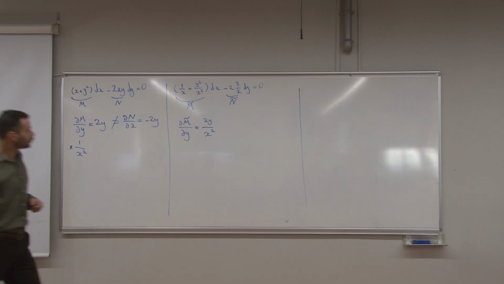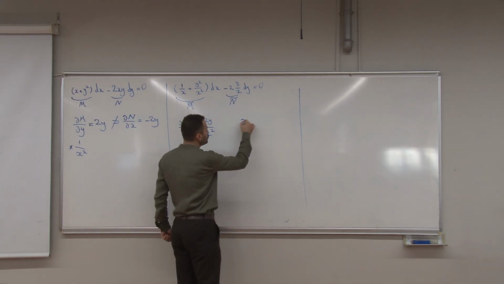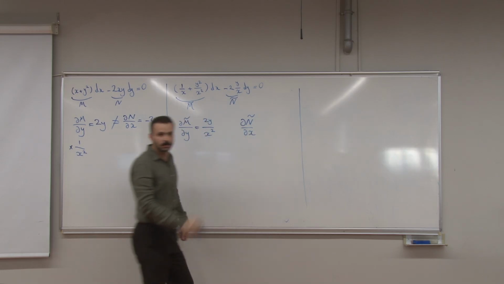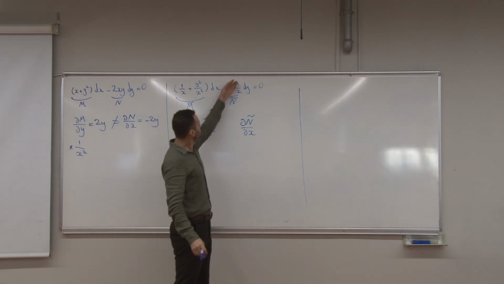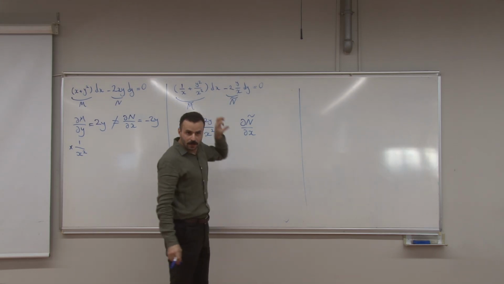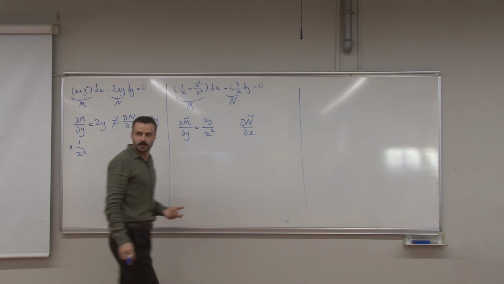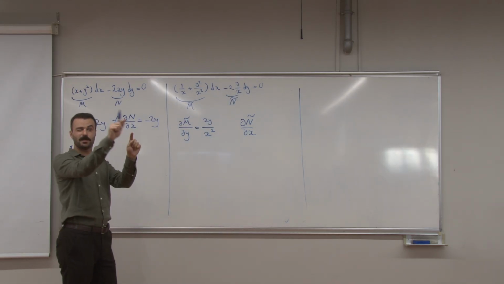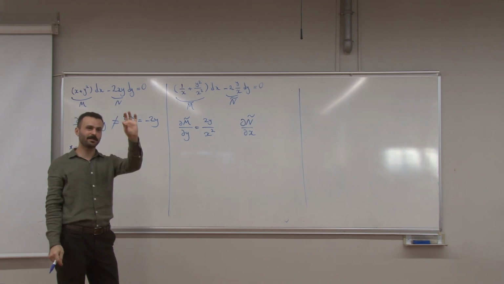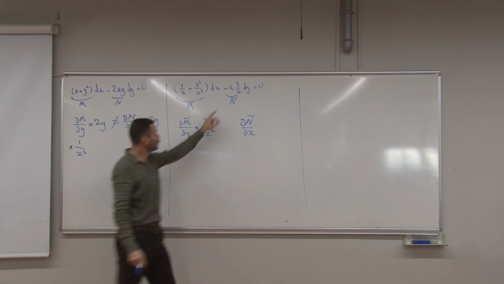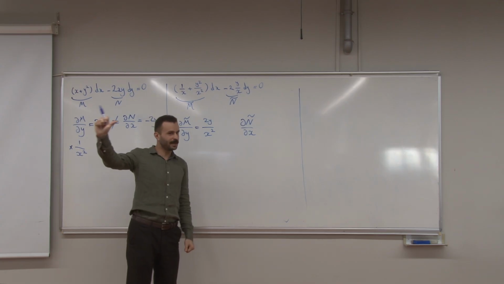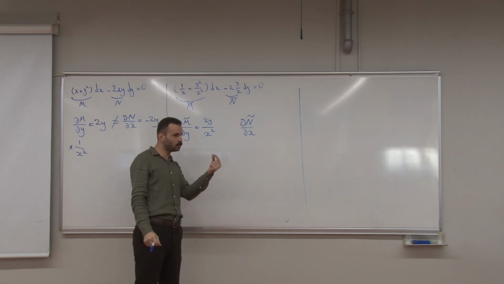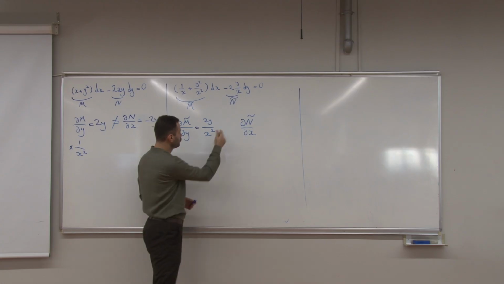Right? What is partial of n tilde over partial of x? This minus 2y, you keep it. What is the derivative of 1 over x? This x to the power of minus 1, its derivative, right? So that minus 1 is going to come as coefficient. So this is going to be plus. And we make minus 1 minus 1. So it's going to be minus 2. Bring it down.